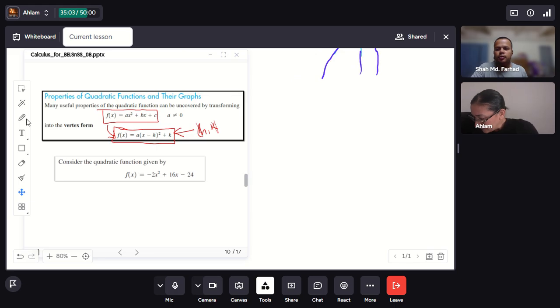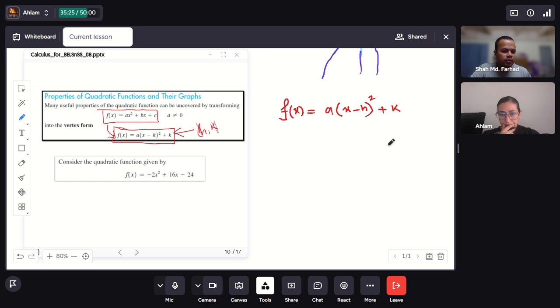That means if we have the quadratic function in this form, f of x equals a times x minus h squared plus k, the vertex will be h, k.